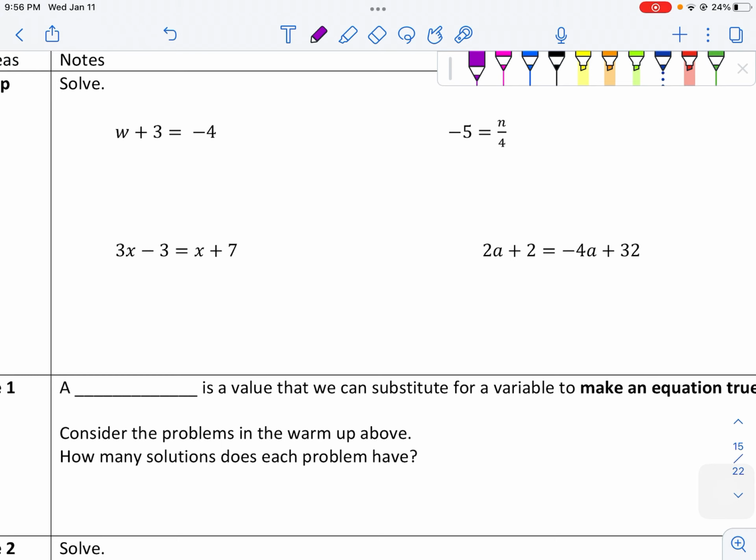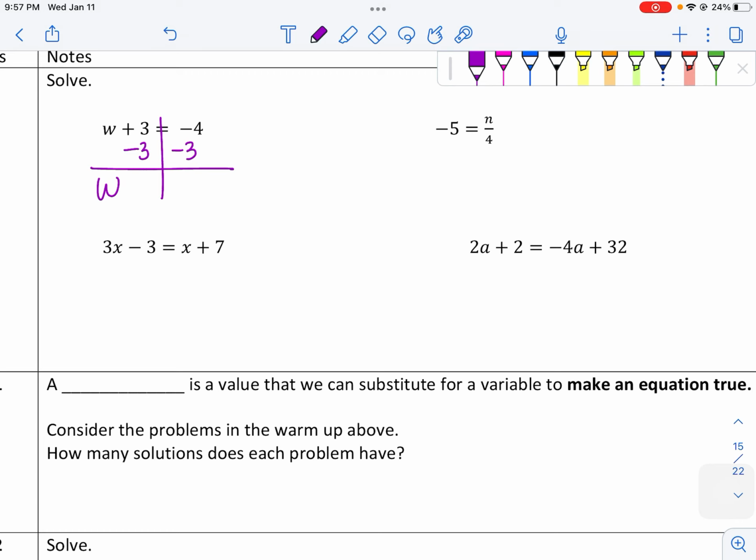So here we have w plus 3 equals negative 4. We're going to start by solving this. We want to do the inverse of plus 3, which would be minus 3. So it's a pretty simple one-step equation. The hard part comes in right here when we have negative 4 and negative 3. We have to remember when the signs are the same and we're adding or subtracting like this, we keep the sign and we just add them up.